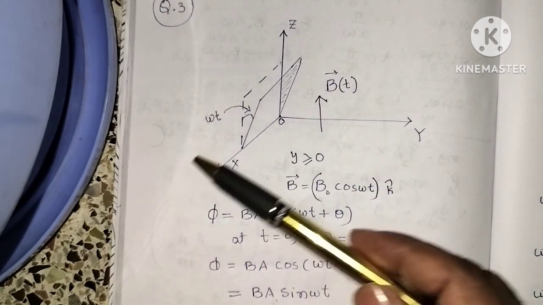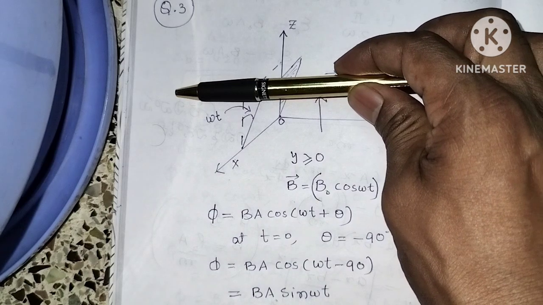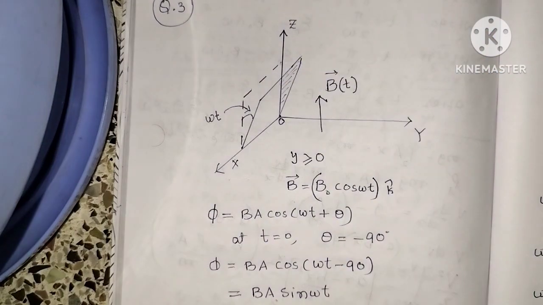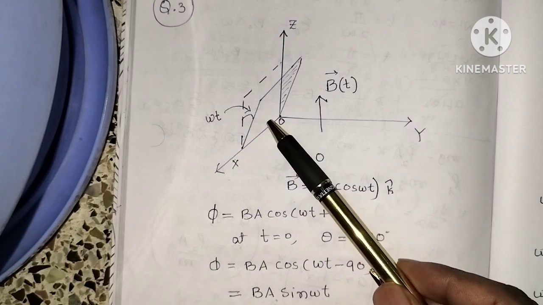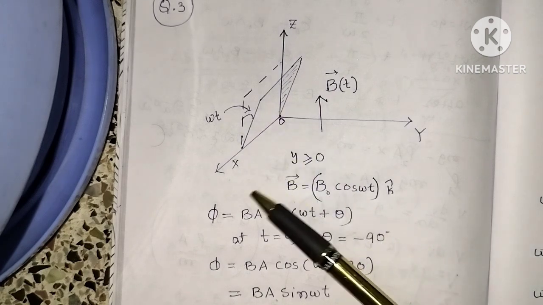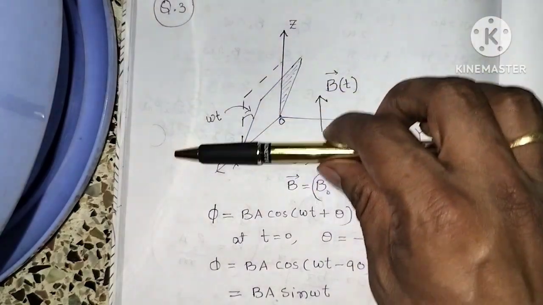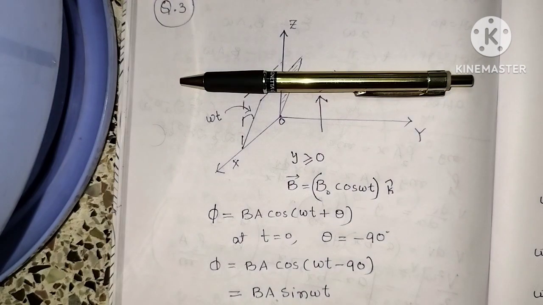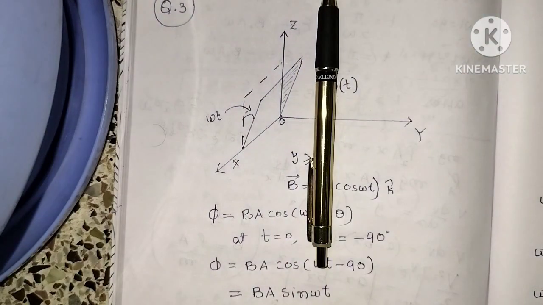The area of the square loop at t equal to 0 is like this, and the magnetic field is in this direction.